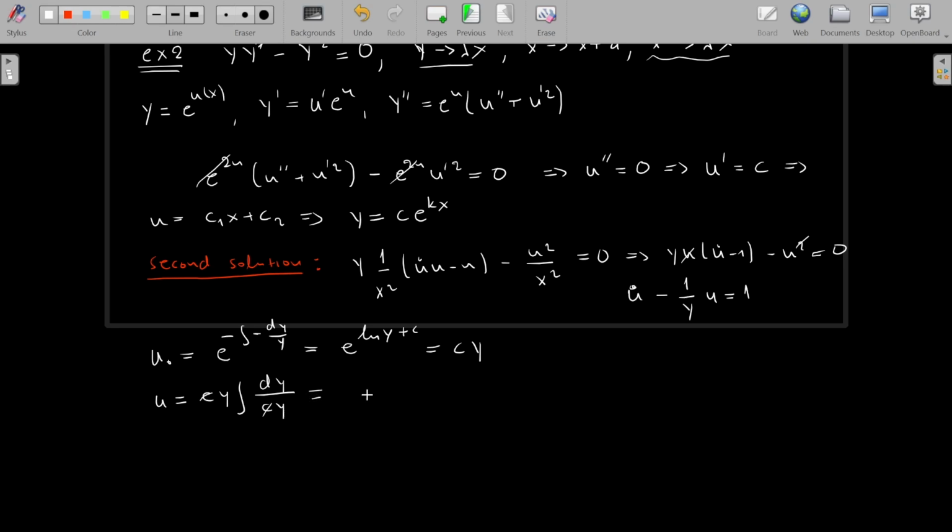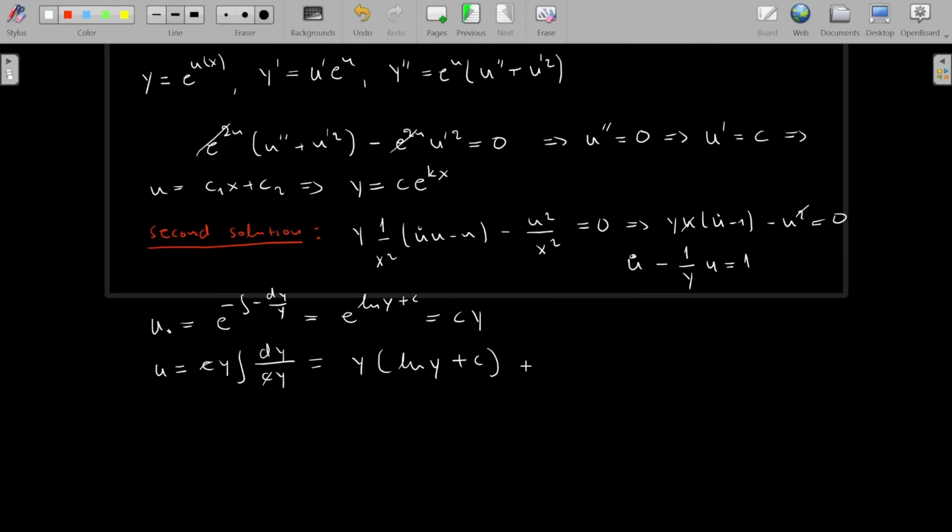This goes away, so y times ln y plus another constant. But u is just the derivative of y with respect to x, meaning that dy/dx is y ln of y plus a constant.